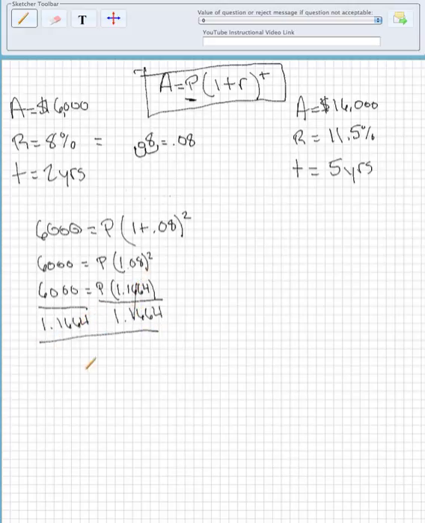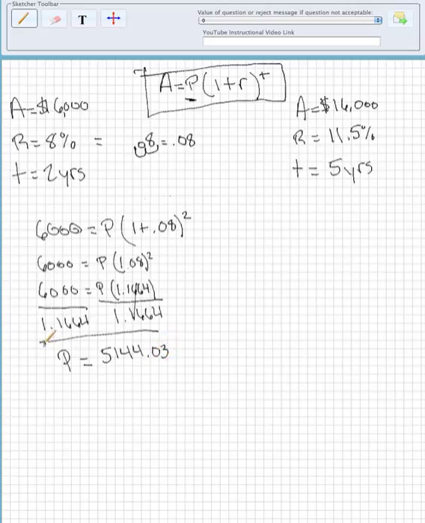Cross this out. And my principal is going to equal $5,144.03. Now I did some rounding with this one. It didn't come out perfect.